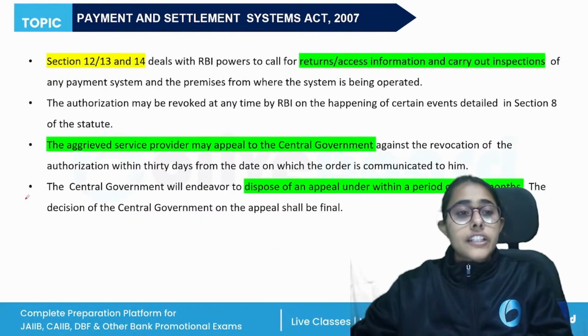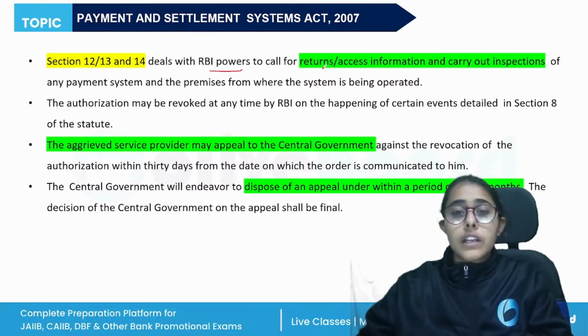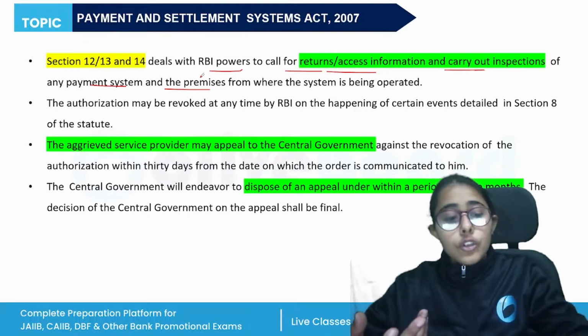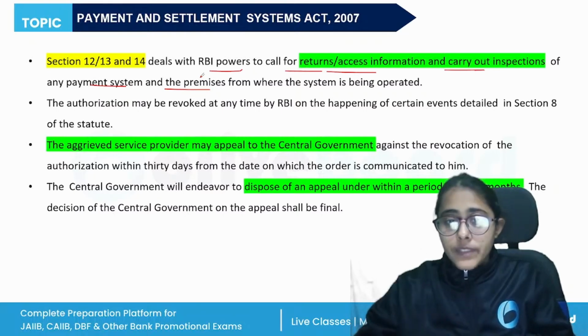Then section 12, 13 and 14 talks about RBI's powers to conduct returns or access information, carry out inspections of any payment system and the premises. So RBI can designate any officer to visit the payment system from wherever they are functioning to conduct their inspection, right?